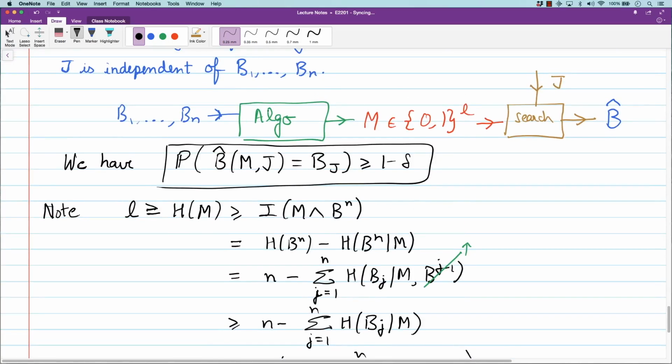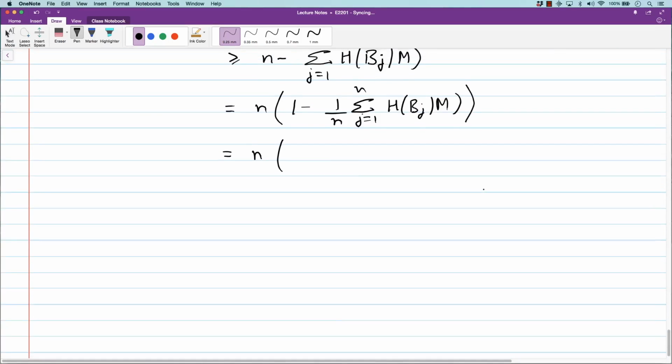Memory only depended on the randomization of the algorithm, and this query comes from outside. That's exactly the definition of this. Here we have used that j is independent of m comma b^n.